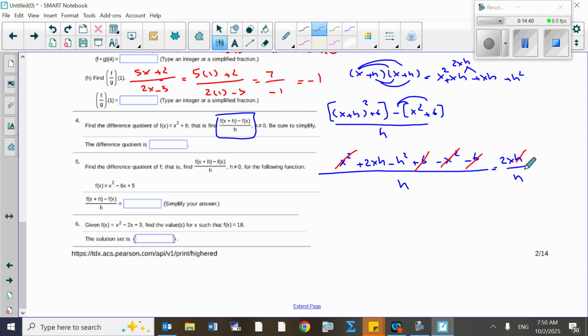Now I can factor the h from the top, which is h times 2x plus h, over h. These two h's cancel, and it's equal to 2x plus h. So the answer is 2x plus h.